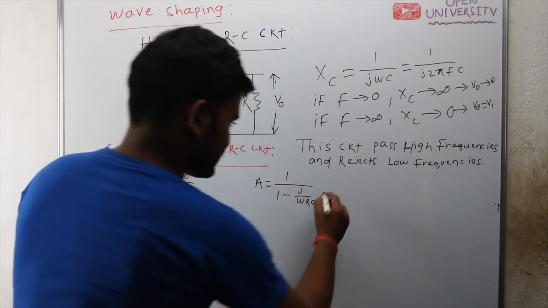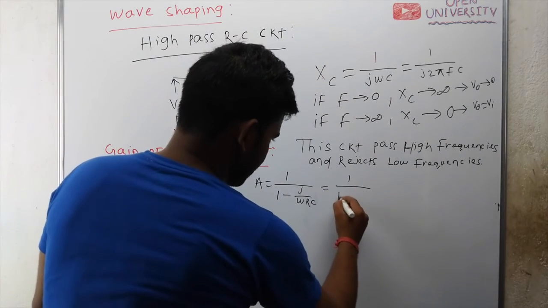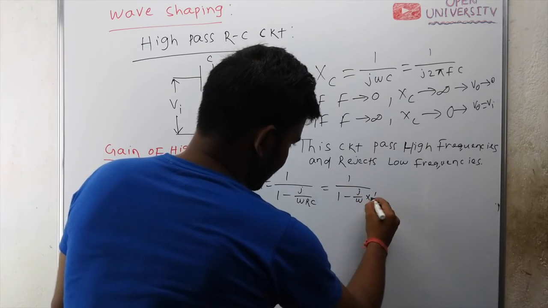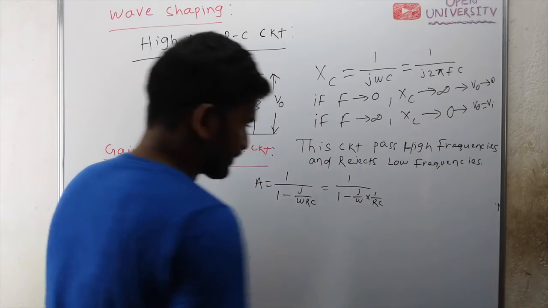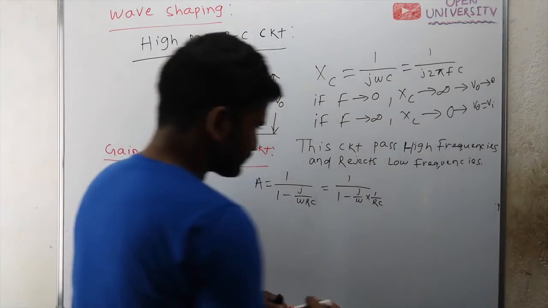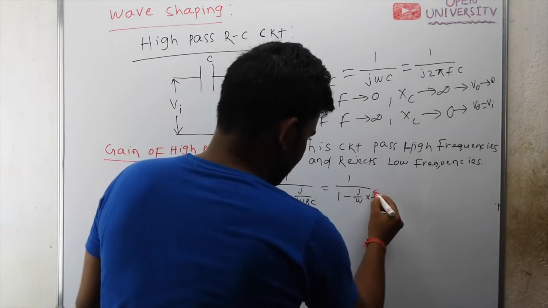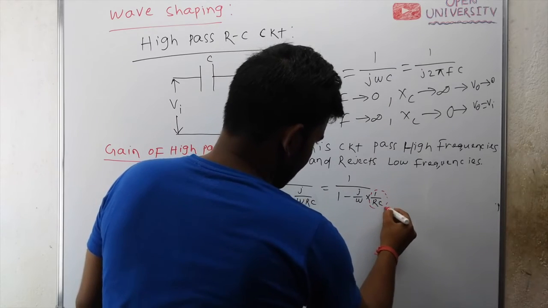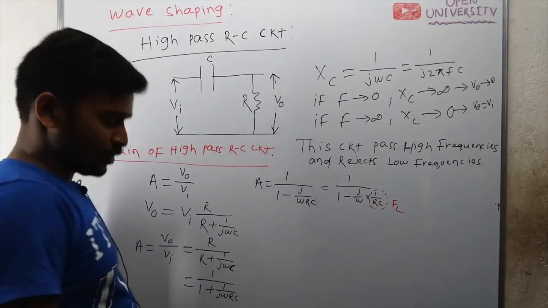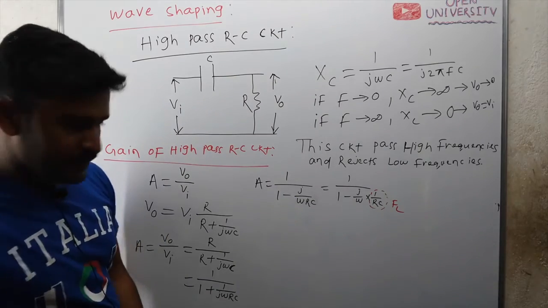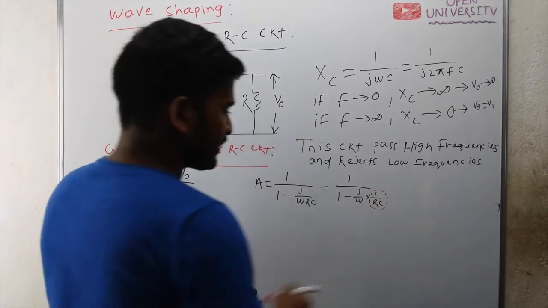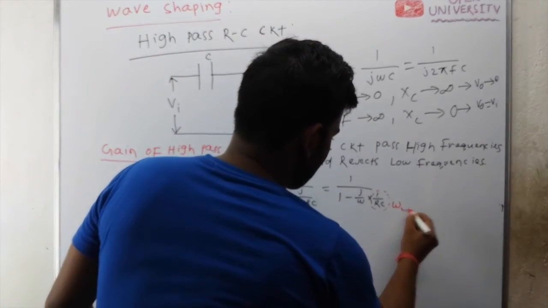I can write this as 1 by 1 minus j by omega into 1 by RC. Let this 1 by RC be called omega L, not fL, let it be omega L.